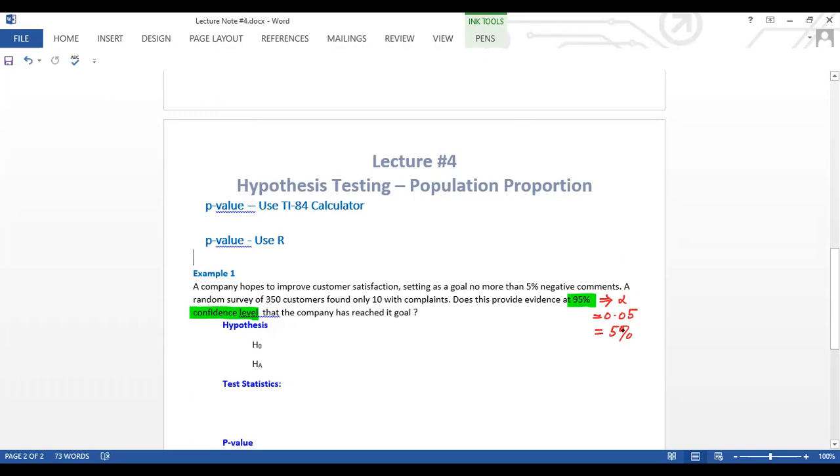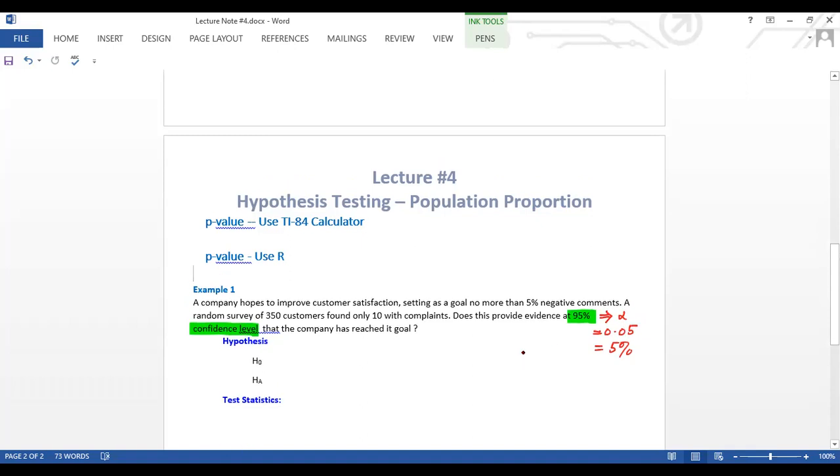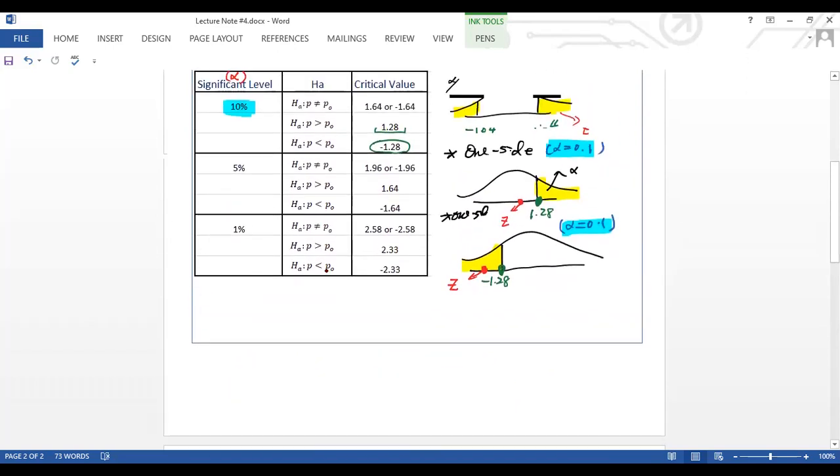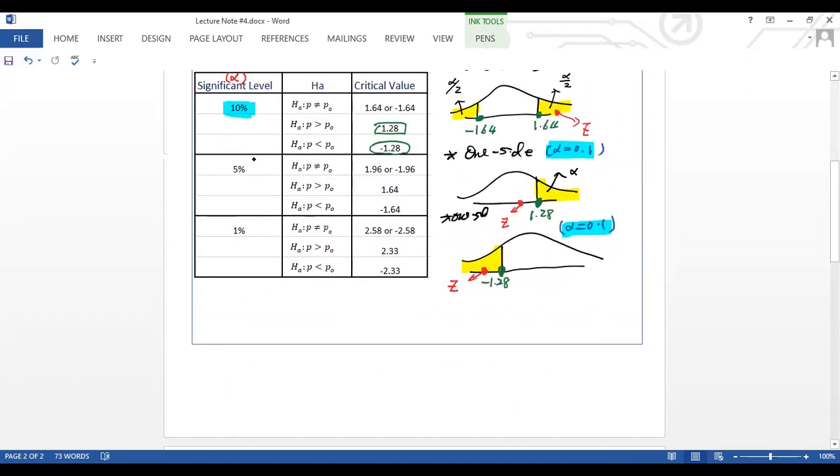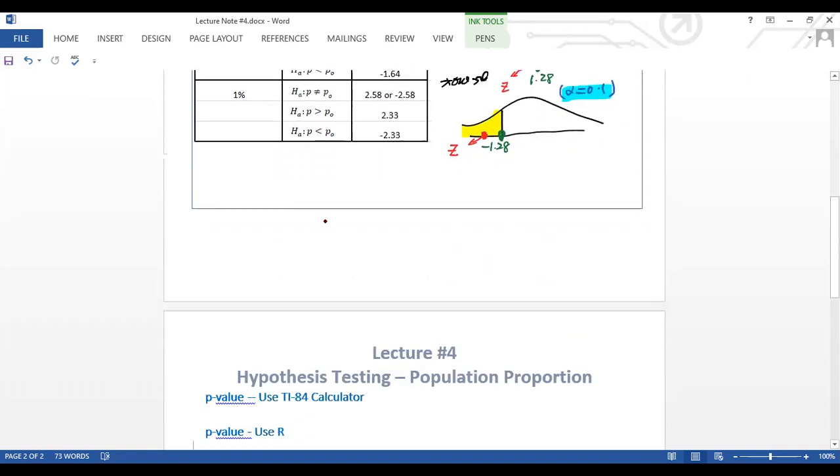That's the same thing as what we call the significance level. Because if you're 95% sure, I only have a 5% chance of making the wrong decision. So the alpha is 0.05. If you want to use the critical value later, we need to go to this one, 0.05, 5%. Okay, let's go ahead.